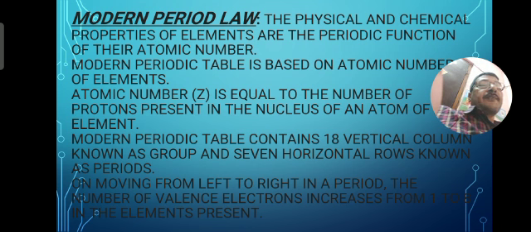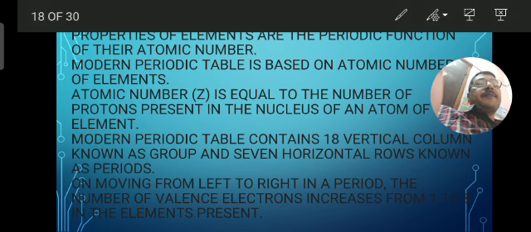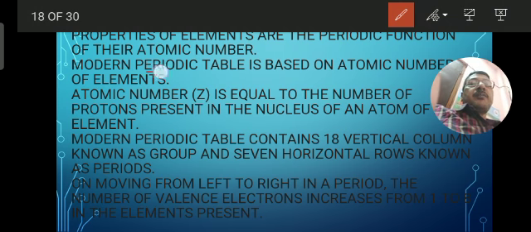After a certain interval, we find that again the same kind of elements come, having the same kind of chemical as well as physical properties. That is why we can say the physical and chemical properties of the elements are the periodic function of their atomic number.